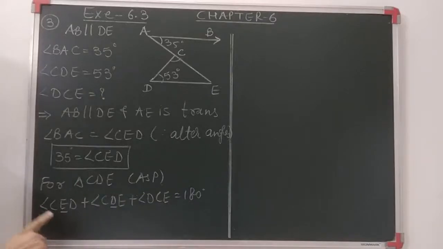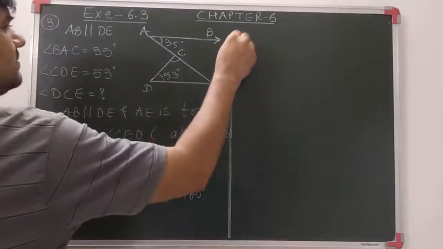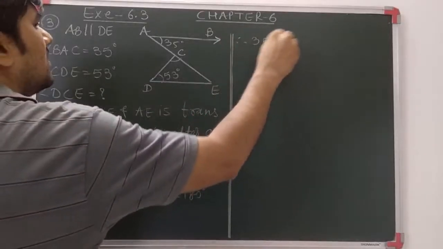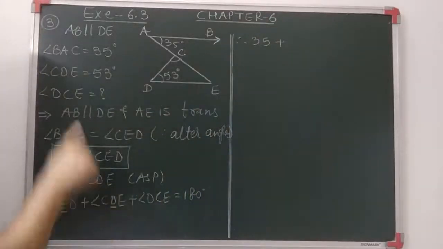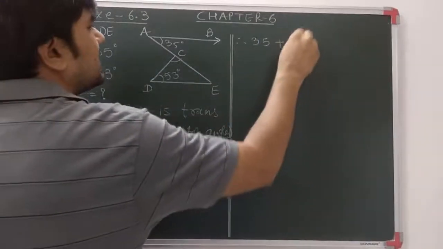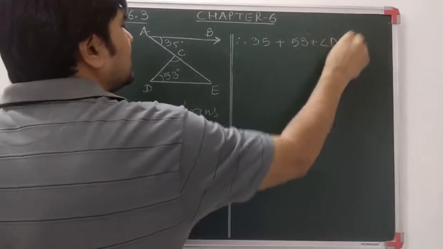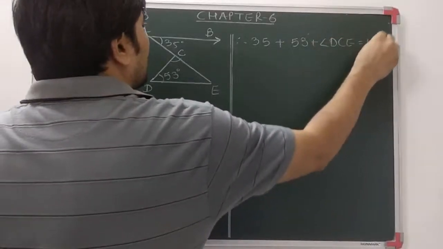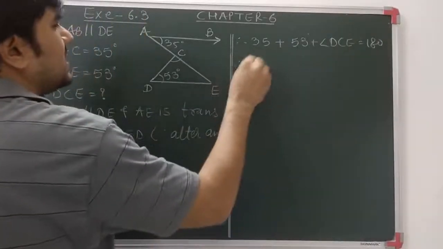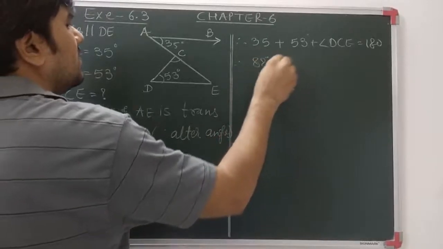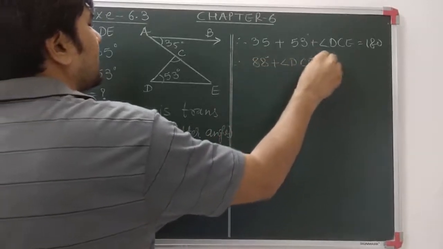Okay. Let's substitute this value CED, which is 35 degrees, plus this angle which is given in the question, that is 53, and the third angle which we have to find out, that is DCE. Let us do the sum of these two, that is 88 degrees plus DCE.